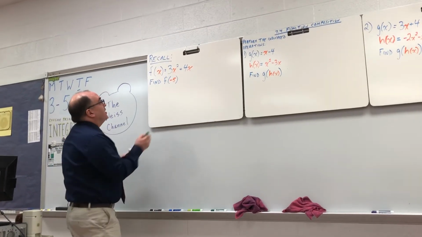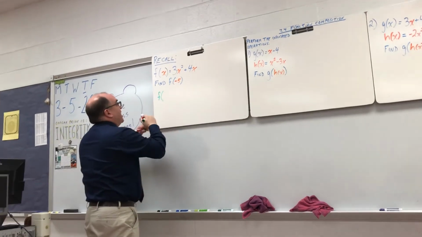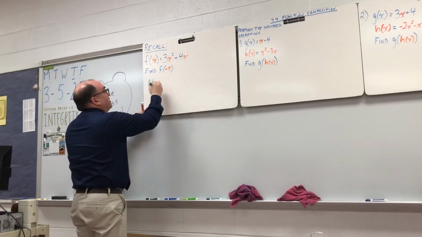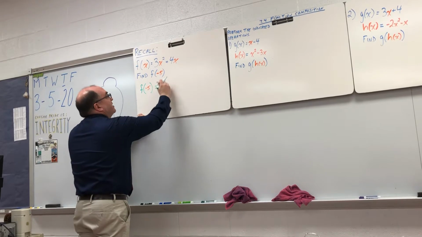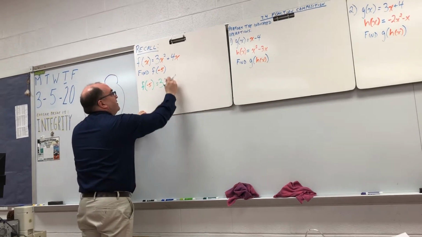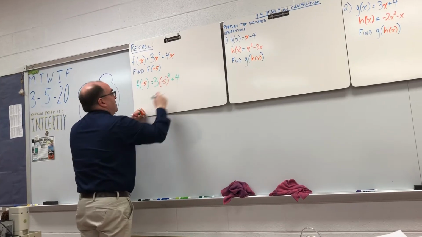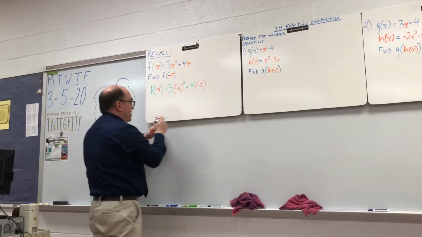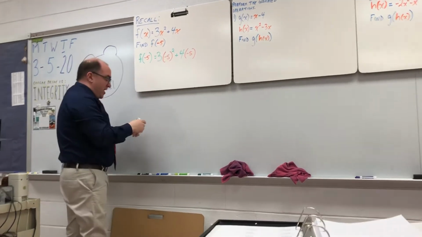For example, f of negative 5 means 3 times negative 5 squared plus 4 times negative 5. Right? What I'm doing here is putting negative 5 instead of x.